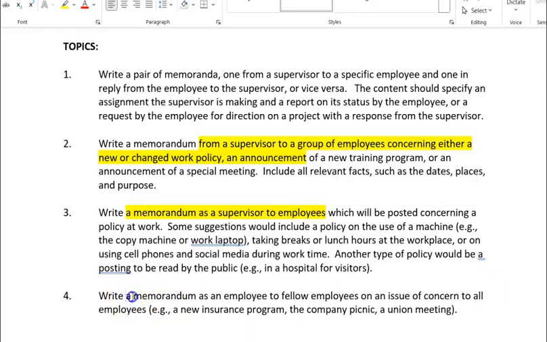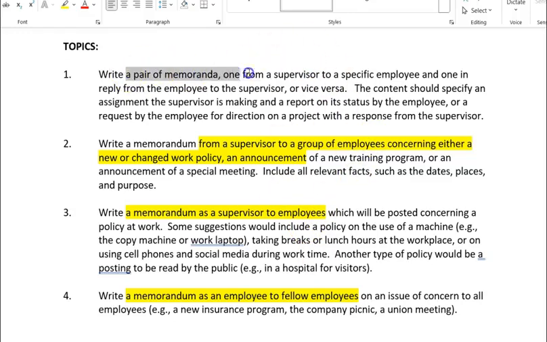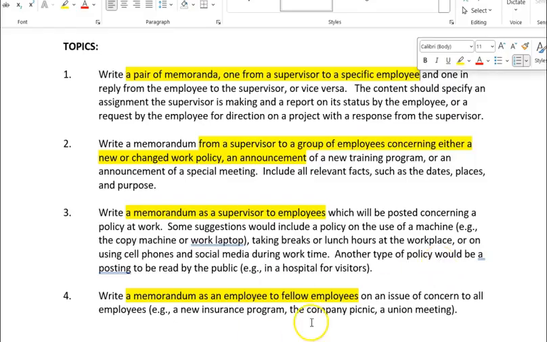And then the 4th topic is a memorandum as an employee to fellow employees. So notice that the audience here for all three of these, and even for the first part of number 1, are all employees. But the persona of the author who is writing it changes. Sometimes it's an employee, sometimes it is the supervisor.